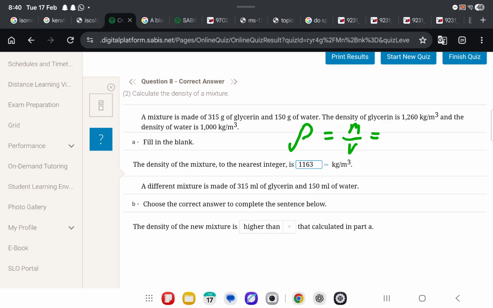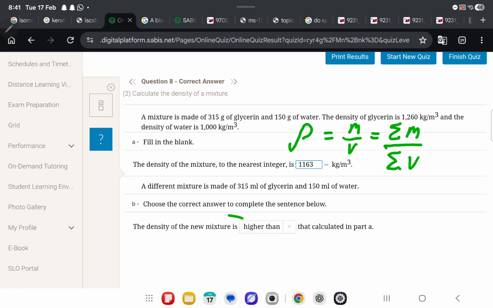So instead of writing sum of mass over sum of volume, we write sigma m over sigma v. Because we're in grade 11, we should know how to use terms such as sigma. So this is telling me the sum of the mass over the sum of the volume.